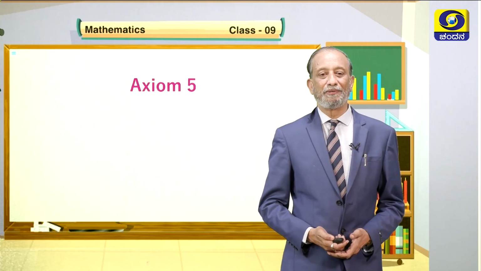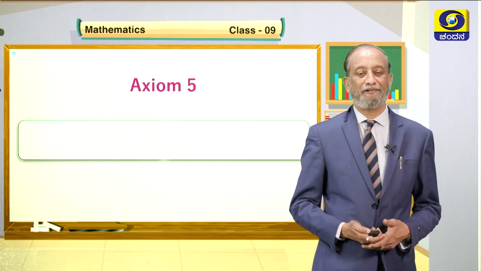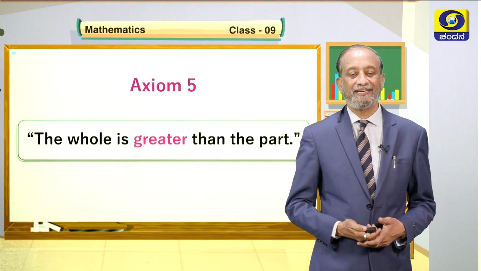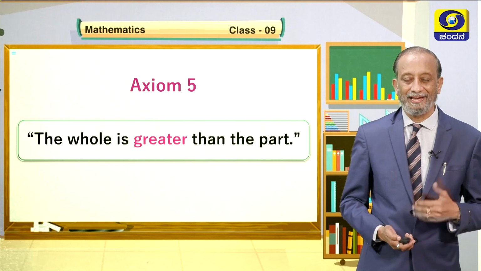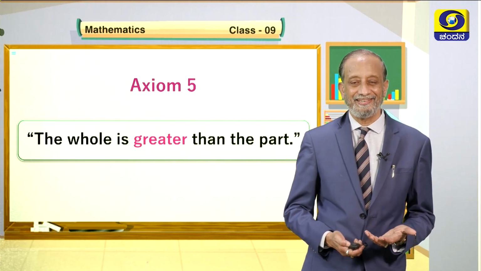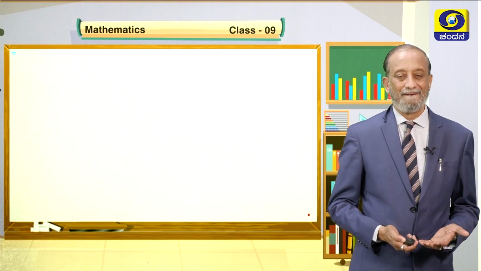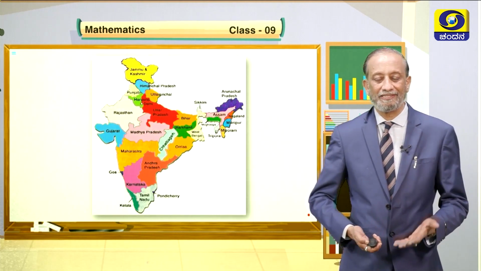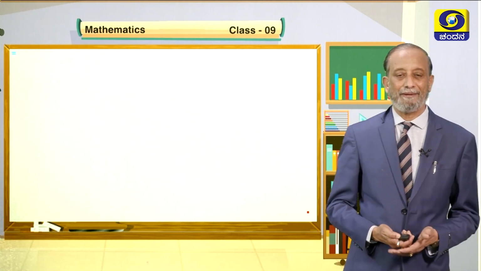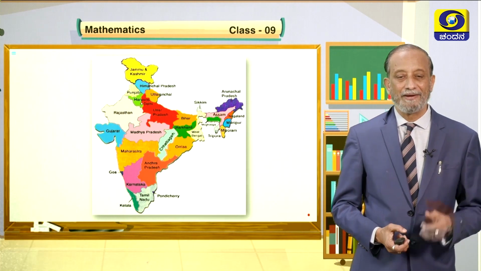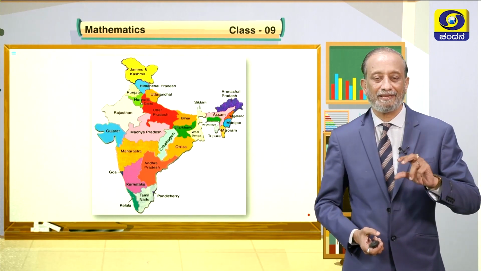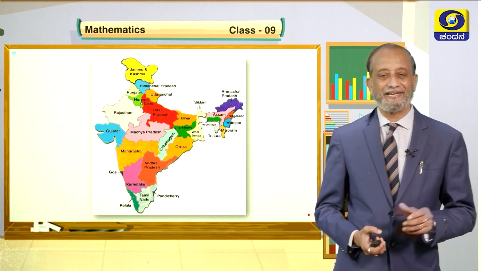Coming to axiom number 5. Axiom number 5 states that the whole is always greater than the part. Definitely, you know. For example, if you observe the India map, Karnataka is just a part, one of the states of India.